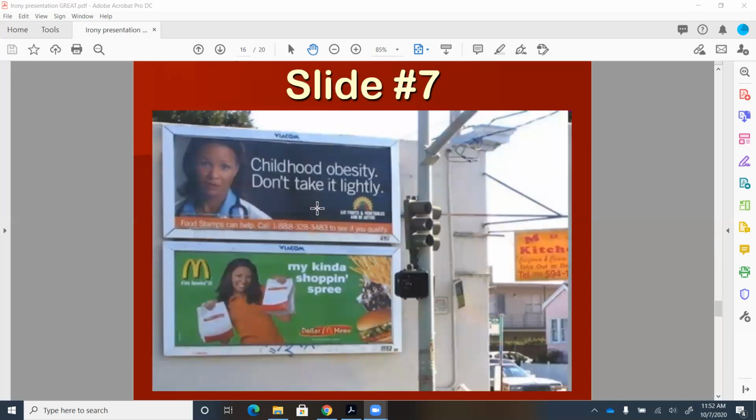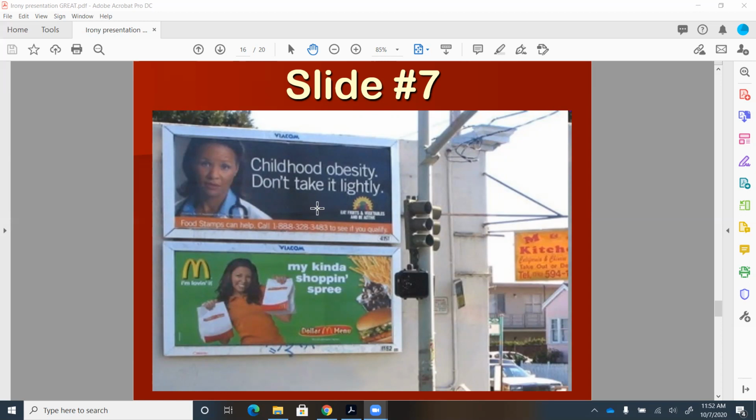Let's look at slide number 7. I'm going to be quiet and I'm going to let you observe. Okay, so is it situational irony, dramatic or verbal, looking at the two billboards right next to each other and what they say?